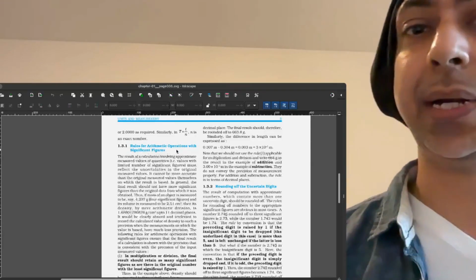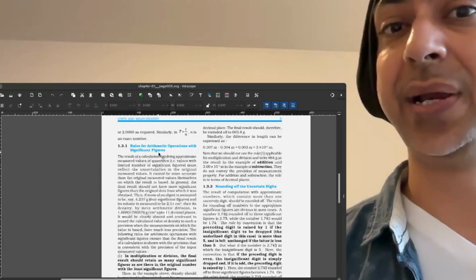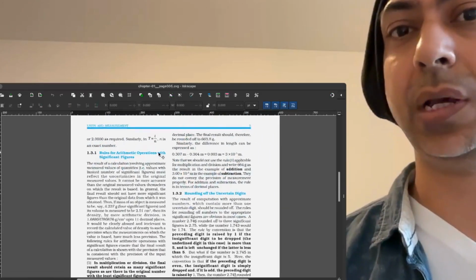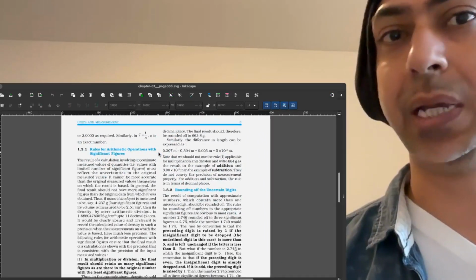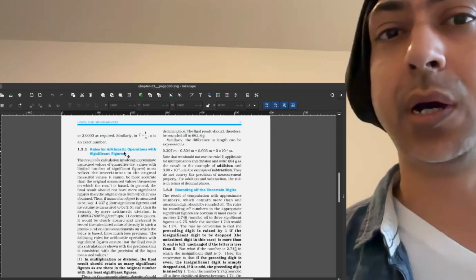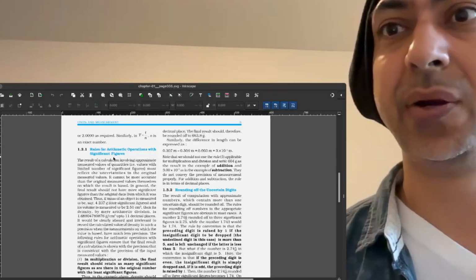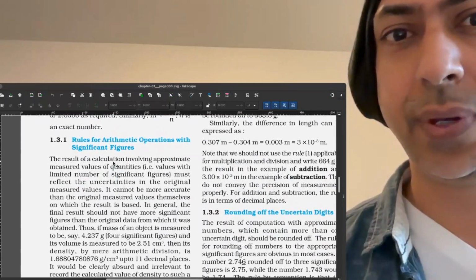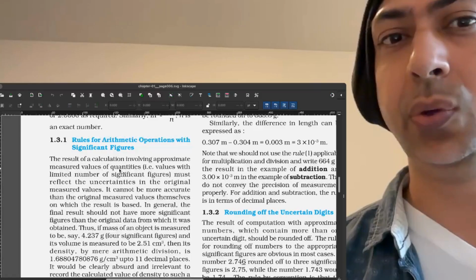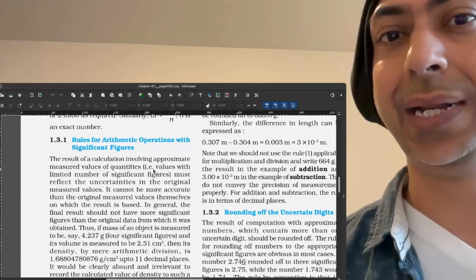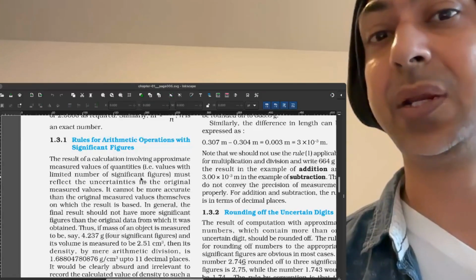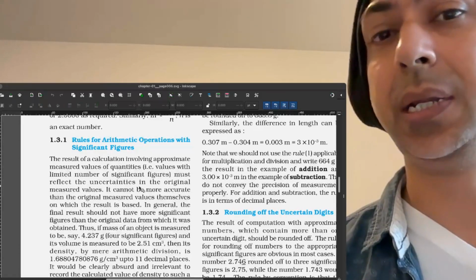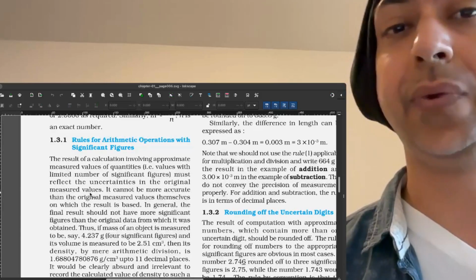Rules for arithmetic operations with significant figures. So now let's take a look at this, and with this, we'll close today's class. The result of a calculation involving approximate measured values of quantities, that is, values with a limited number of significant figures, must reflect the uncertainties in the original measured values.